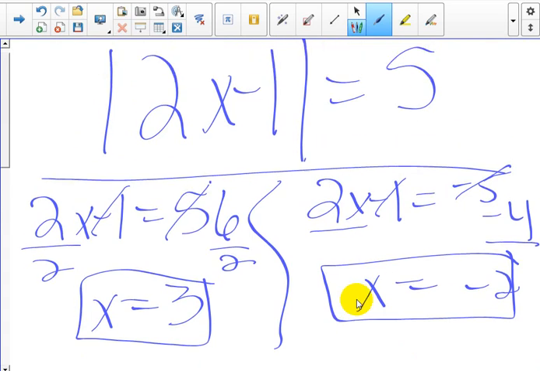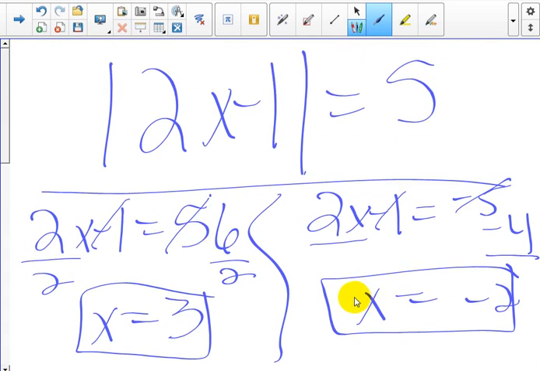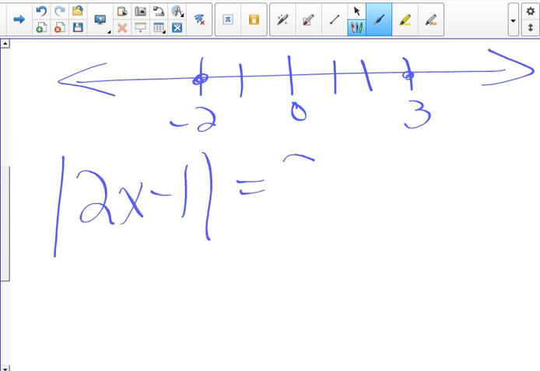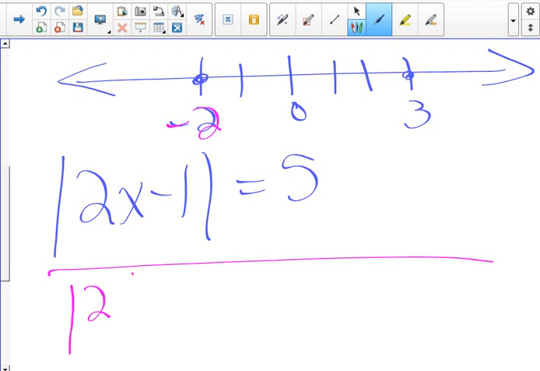So now let's get that original equation, absolute value 2x minus 1 equal 5. And let's plug both those answers in and see what we get. So we're going to do negative 2 first. So it's going to be absolute value of 2 times negative 2 minus 1 equal 5.